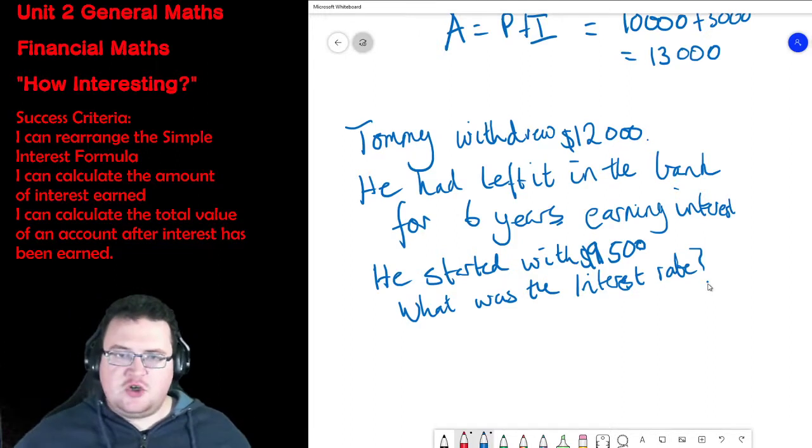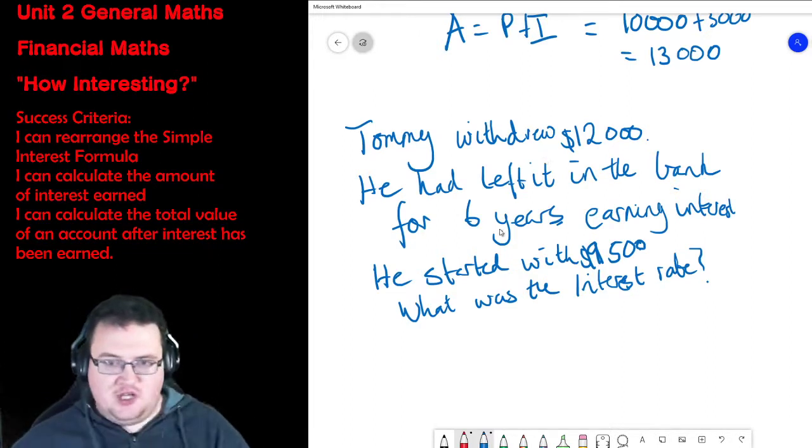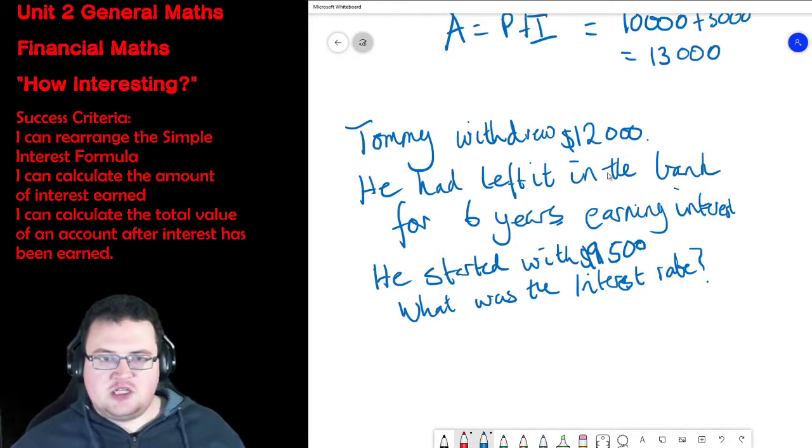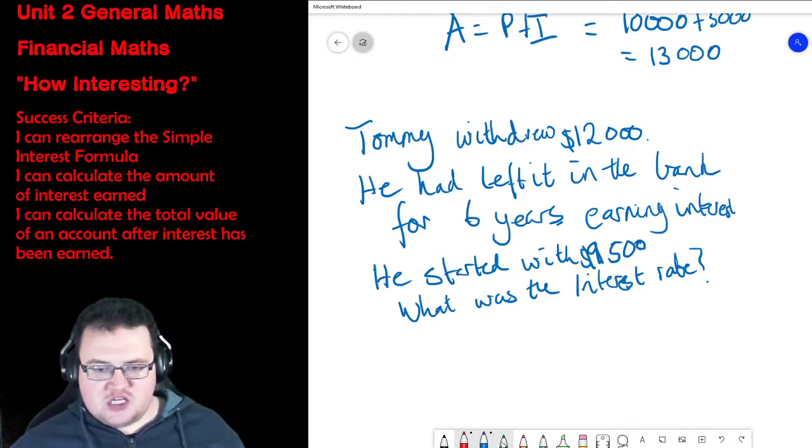All right, so what we need to do is a couple of quick little calculations. First things first, what does that 12,000 represent? What letter would we use from our formulas?